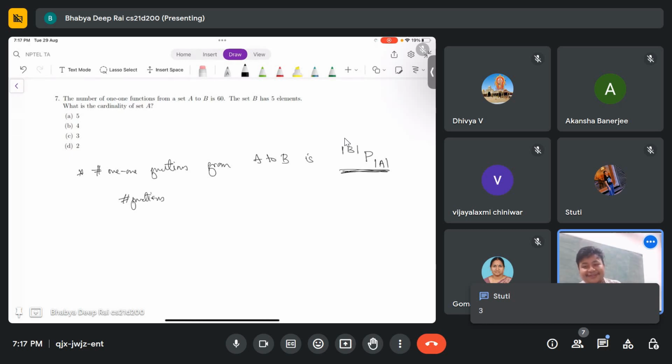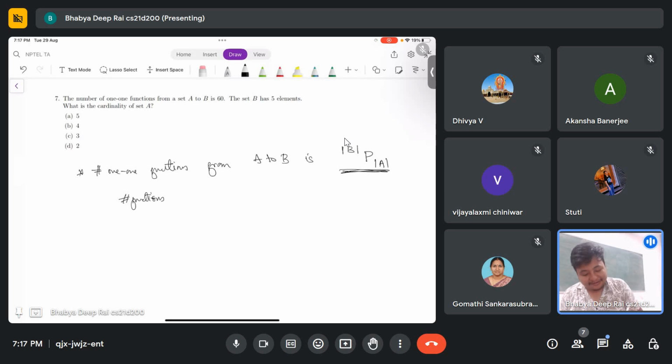Yeah, good, Suti, that's right. The number of functions is equal to 60 for us.